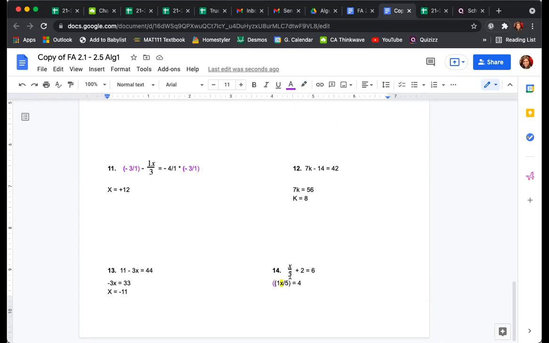So I want to multiply not by 1/5, but by its reciprocal, parentheses 5 divided by 1. But if I do it on the left-hand side, I need to also do that on the right-hand side. So I'm going to multiply by 5 over 1 on the right-hand side. Over here just leaves me x. On the right-hand side, 4 times 5 is 20. 1 times 1 is just 1, which means your answer is 20 over 1 or just 20.